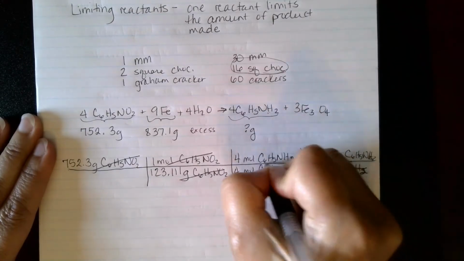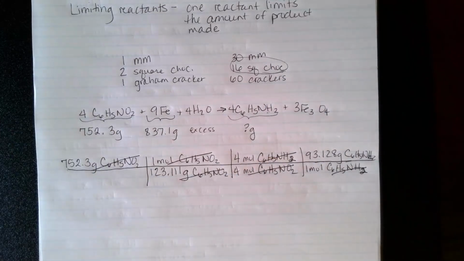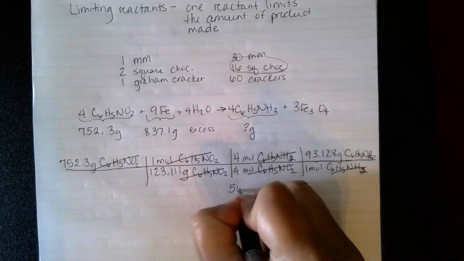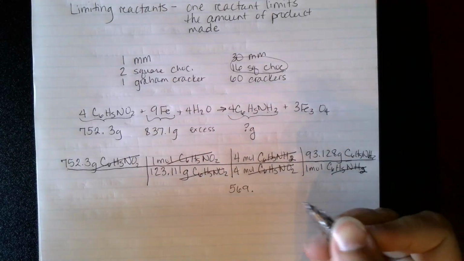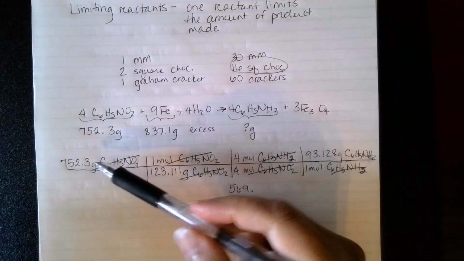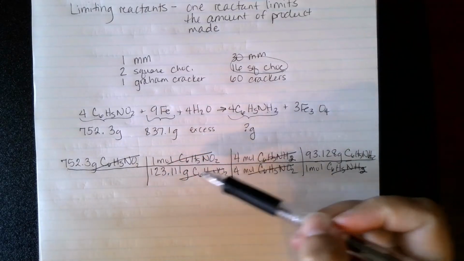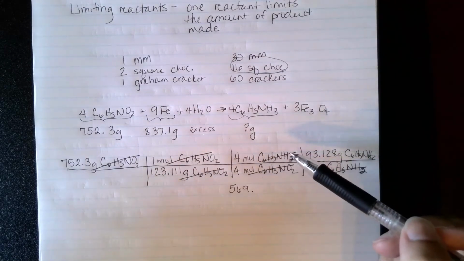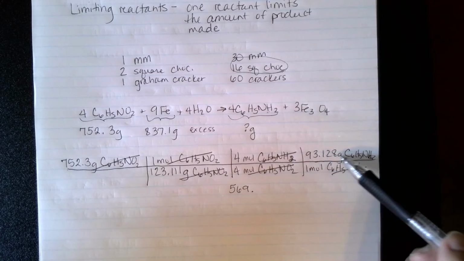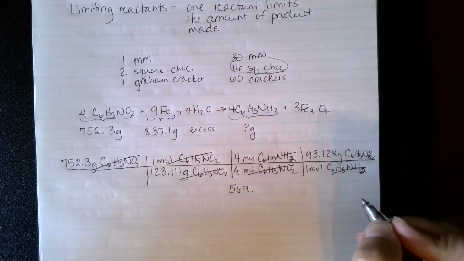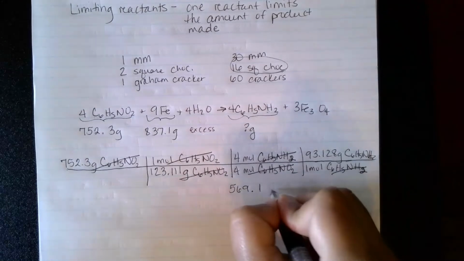Okay, multiply everything on the top and divide by everything on the bottom. Alright, I had 4 significant figures. The 6 doesn't count because those are exact. So the least amount is 4. So 569.1.